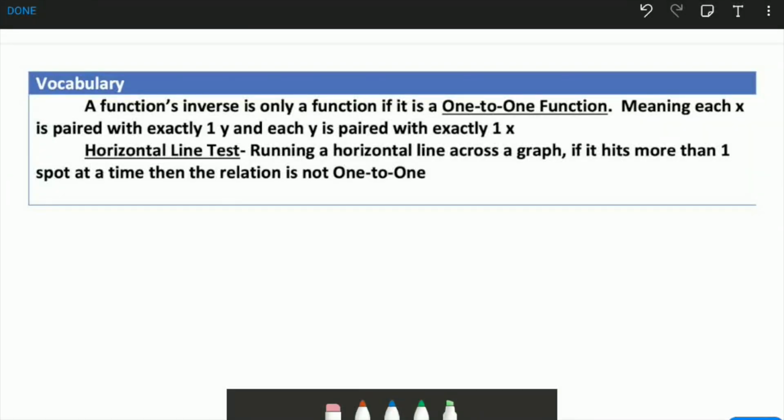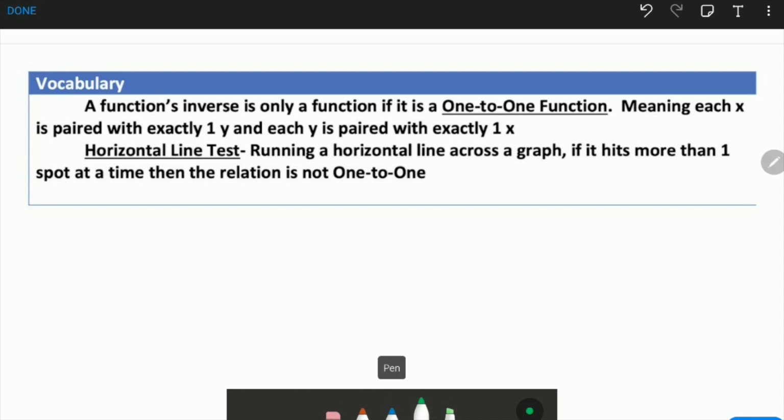So the next part we're going to look at is graphs, and a function's inverse is a function if and only if it's a one-to-one function, meaning each x has exactly one y and each y has exactly one x. There is an example of a one-to-one function in the first example with the ordered pairs.